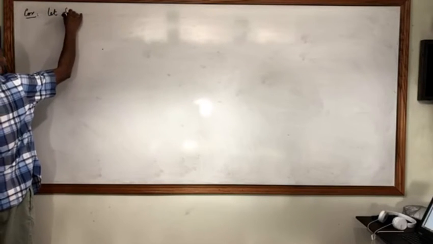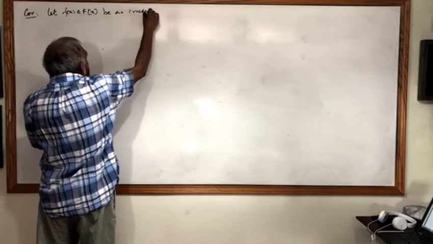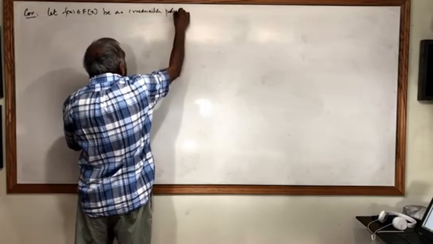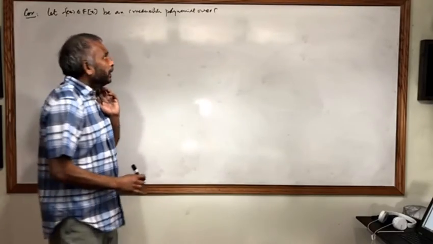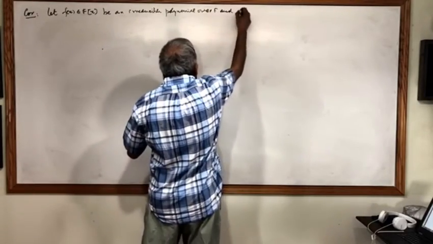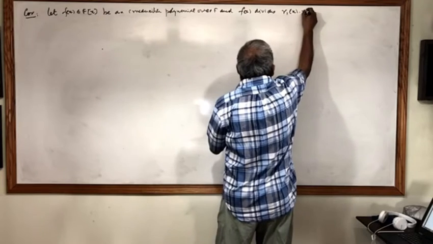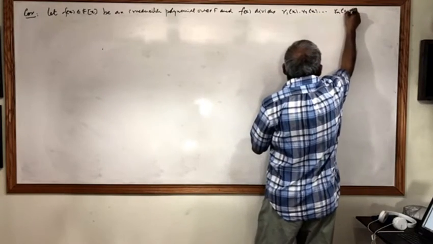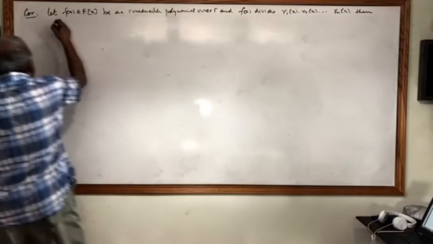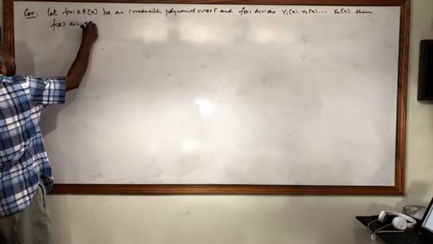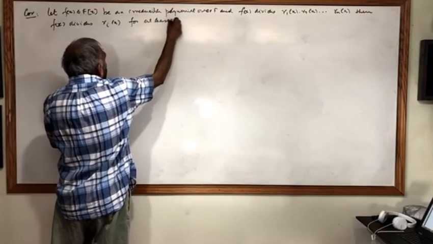Let f of x in F[x] be an irreducible polynomial over F, and f of x divides r1 of x times r2 of x times dash dash rn of x, then f of x divides ri of x for at least one i.